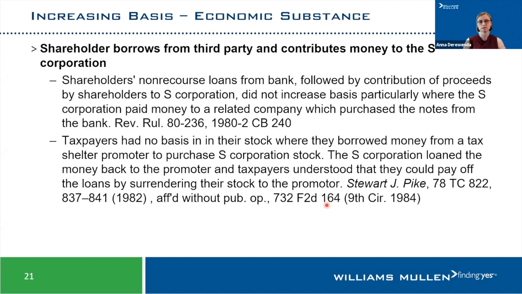Basically there was a circular flow of cash that the Tax Court really did not like. So in pretty much all of these situations, you really need to have a true economic outlay, and look to things like, do you have a business purpose? Is there a good argument that it's not a sham transaction?